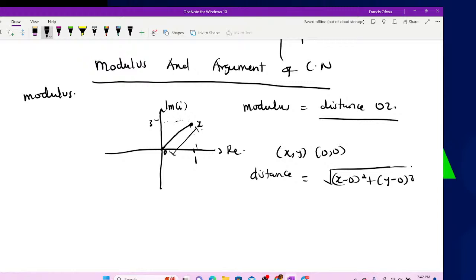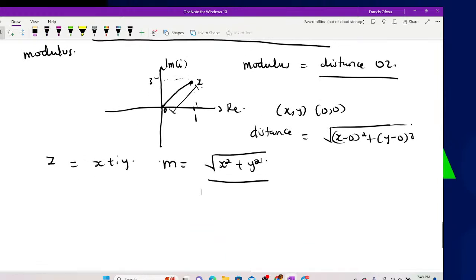We apply the same principle here. So the rule is, for every general complex number z equal to x plus iy, the modulus is simply equal to the square root of x squared, that is the real part, plus y squared, that is the imaginary part. So this is how we find the modulus of complex numbers.